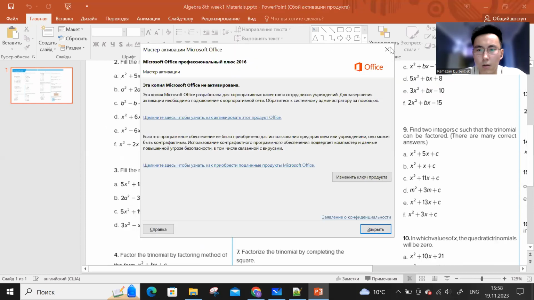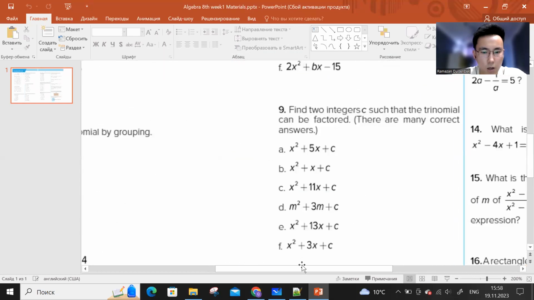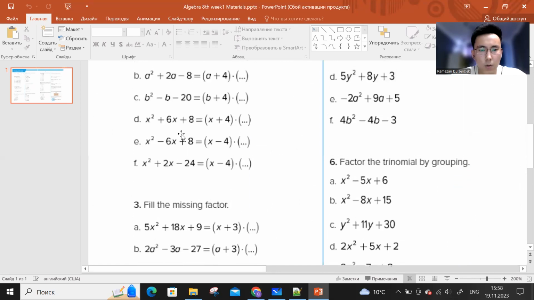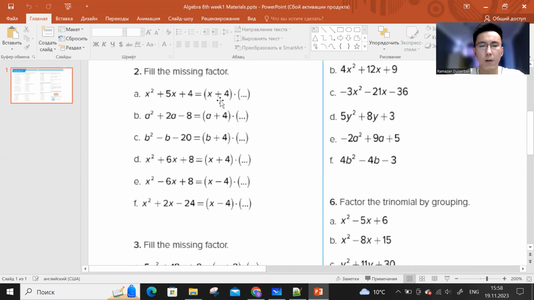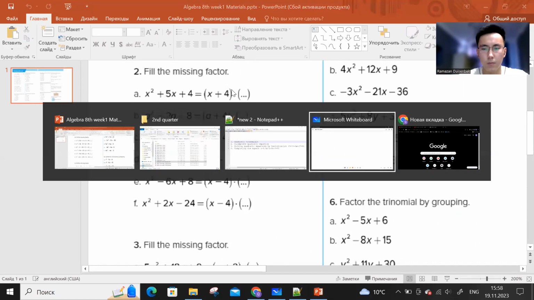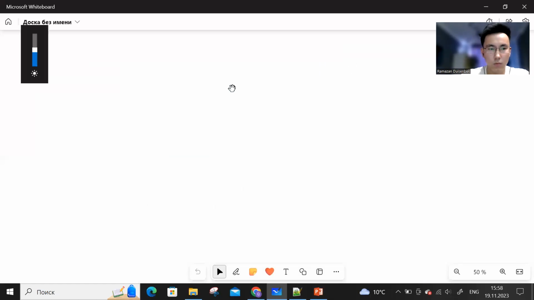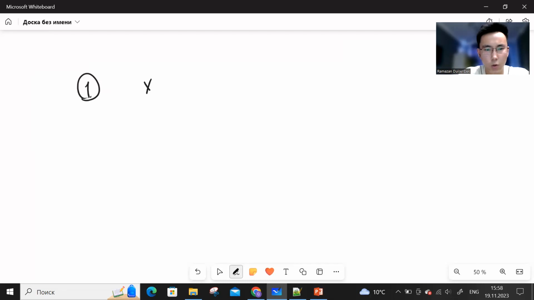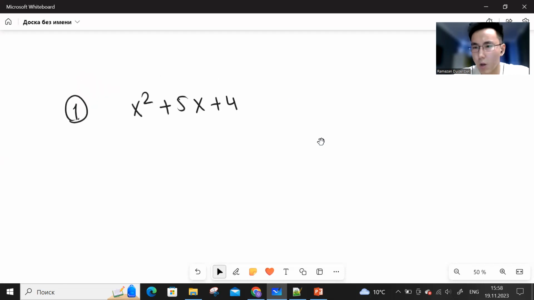I'm going to take two examples from here. So x squared plus 5x plus 4. I hope it is visible for you. I have to do the factorization. What is factorization?